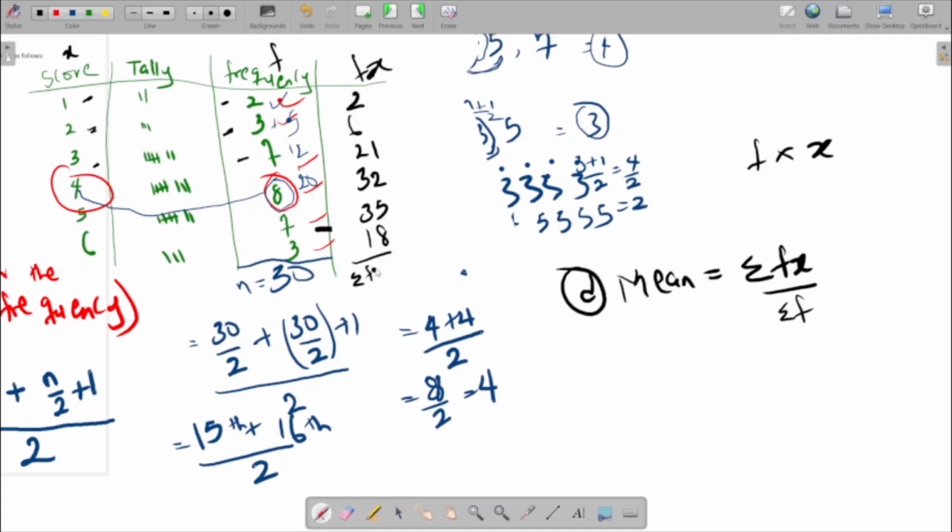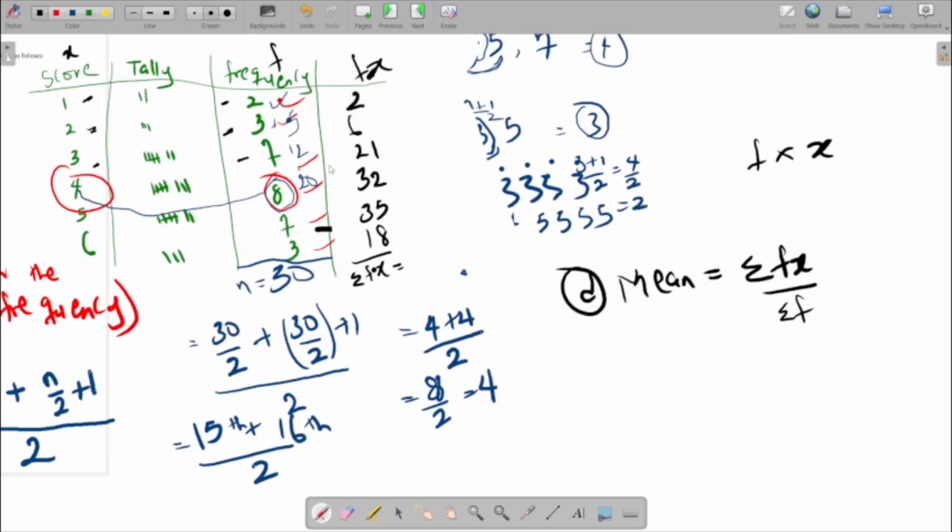Now these are our fx, and the summation is the total value of all these values we have here. So we have 2 plus 6, it will give us 8. And 8 plus 21 will give us 29. 29 plus 32 will give us 61. 61 plus 35 will give us 96.